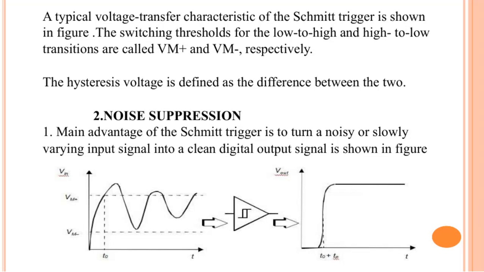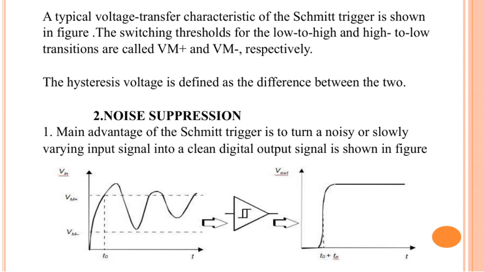Here, we see a typical voltage transfer characteristic of the Schmitt trigger. The key feature to note is the presence of two distinct switching thresholds, Vm plus for the low to high transition and Vm minus for the high to low transition. This creates a hysteresis voltage, which is simply the difference between these two thresholds.